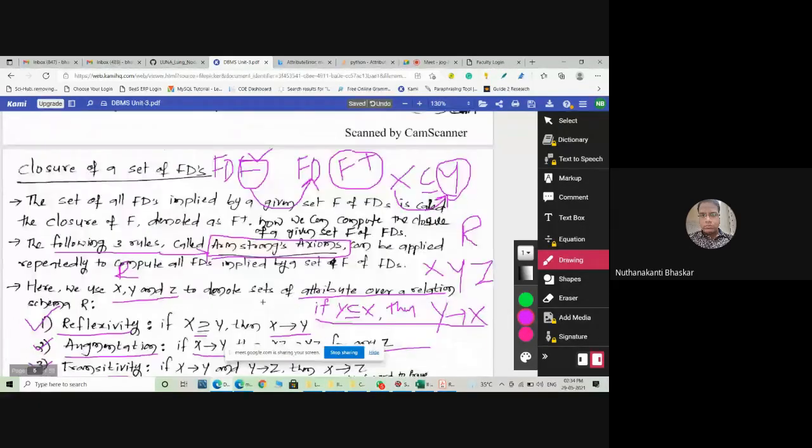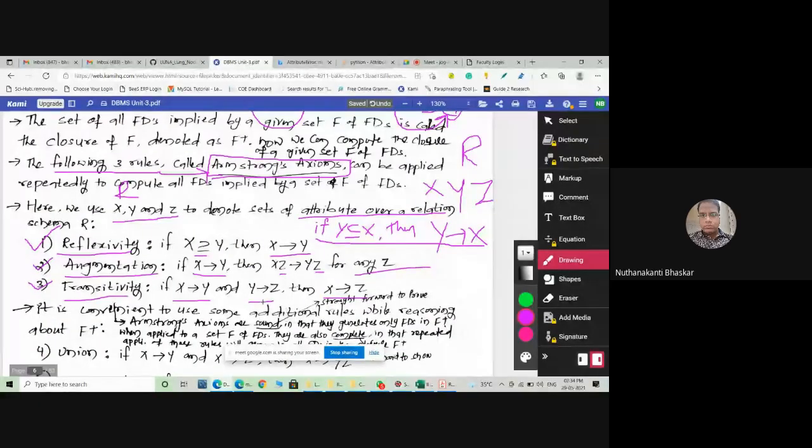That is transitivity, a common rule you know from mathematics. All of you clear?